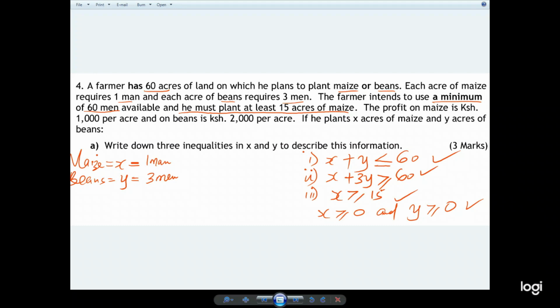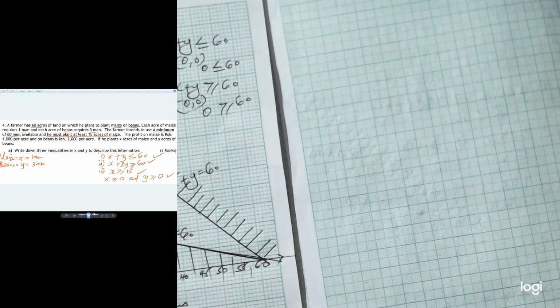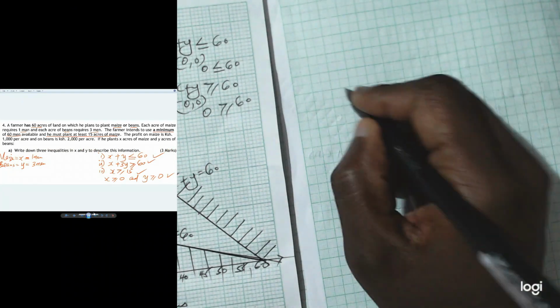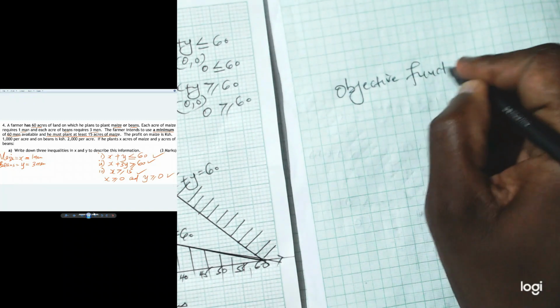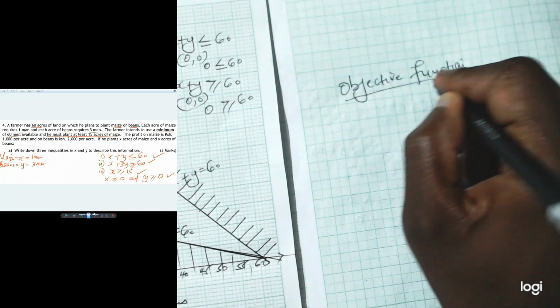In order to work out that question, we will get the objective function. This is what we use to optimize, to get the minimum or maximum.